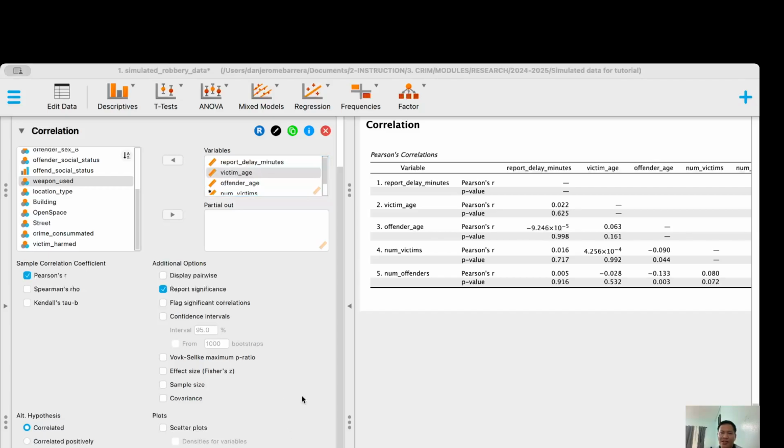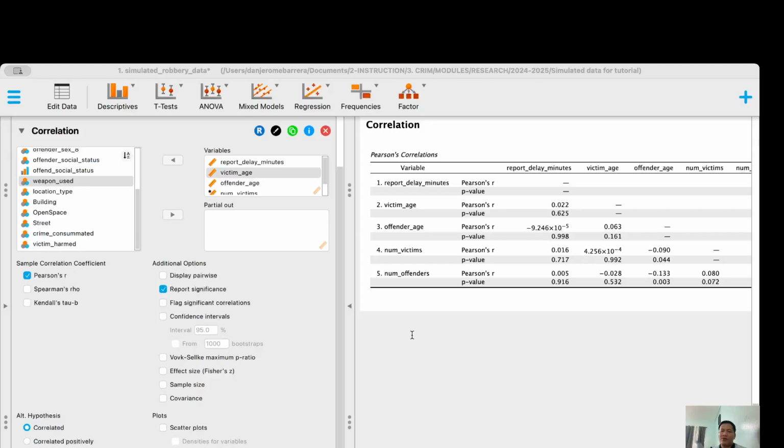In chi-square analysis, we are trying to answer the research question: is weapon use associated with crime lethality? Crime lethality is the dependent variable, and weapon use is the independent variable.